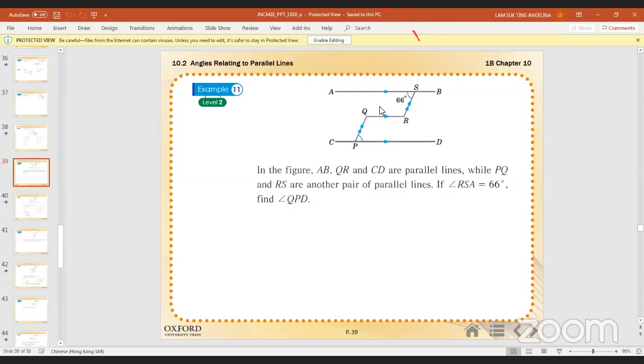Now, if you look at this angle, which angle is related to this one? Cannot do it quickly like that. It means we need to find this one, and then this one, and then this one, which is related to 66 degrees.